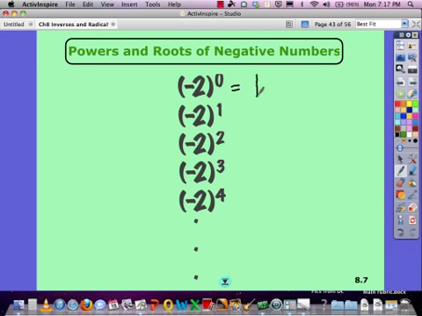Then if I took -2 to the first power, that meant I would have one -2, and that definitely is a negative. Then if I take -2 to the second, well, that's a negative times a negative, which in this case is +4. If we go to the third power, now we have that group, and some of you think of this, I got two things that go together, and then I have the extra one that doesn't.